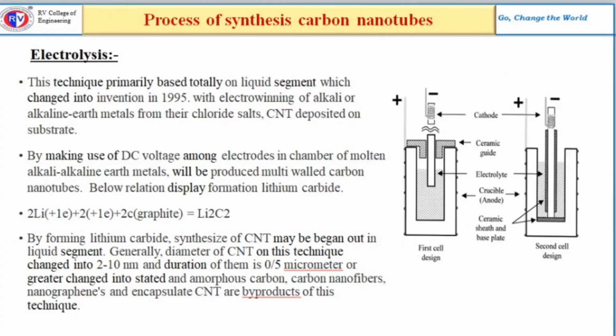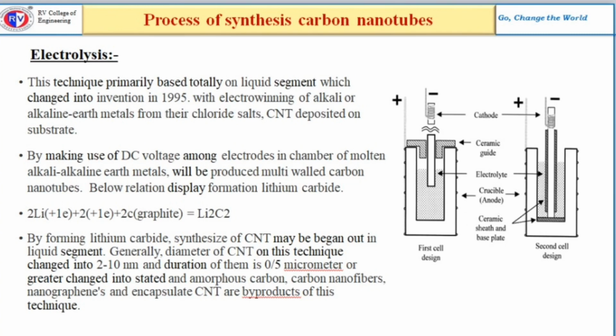Next is electrolysis. This technique is primarily based on the liquid phase, which was invented in 1995 with electrowinning of alkali or alkaline earth metal from the chloride source, and carbon nanotubes deposit on the substrate. By applying direct current voltage between the electrodes in the chamber of molten alkaline earth metal, multi-wall carbon nanotubes will be produced.